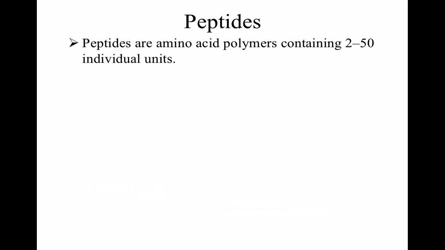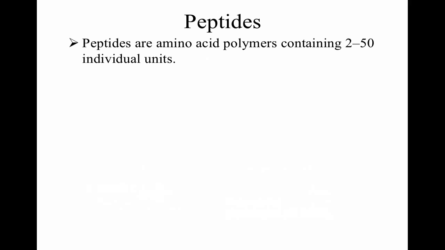The difference between a peptide and a protein is somewhat arbitrary. But the general rule is that we consider something a peptide if it has 50 or fewer amino acid residues linking it together to make a peptide. Now, does that mean that if all of a sudden you had something that was 51 that people would start calling it a protein? Not necessarily.